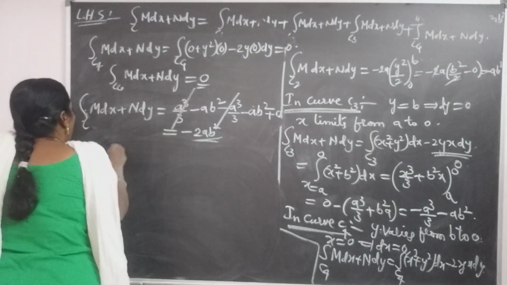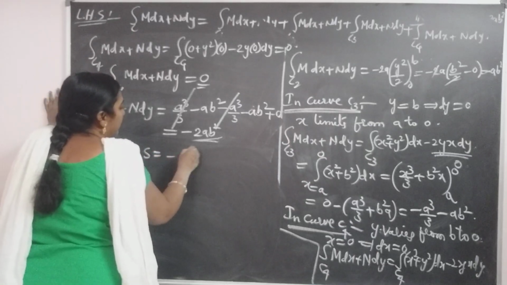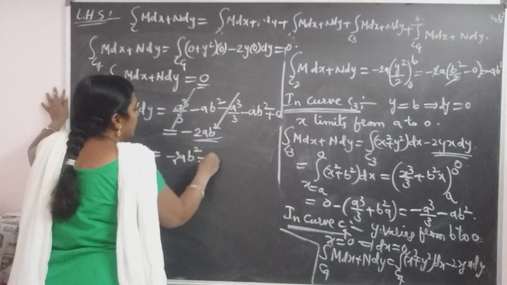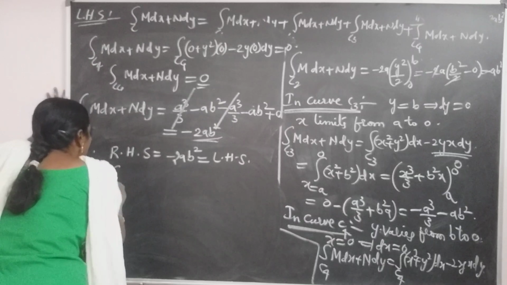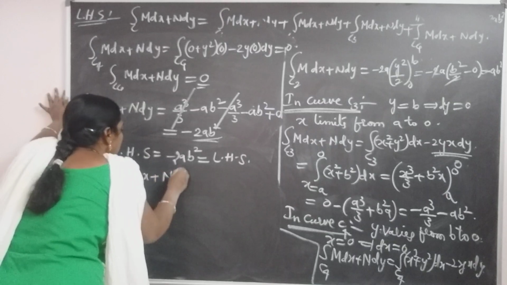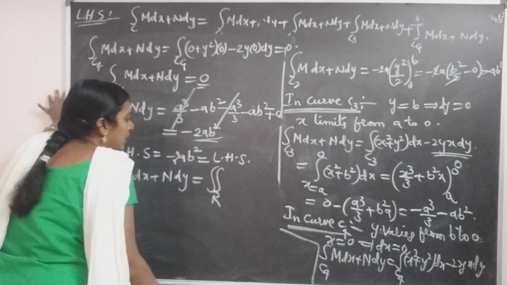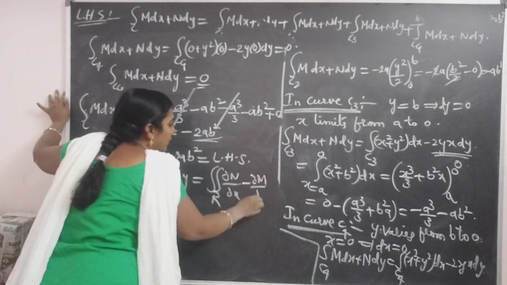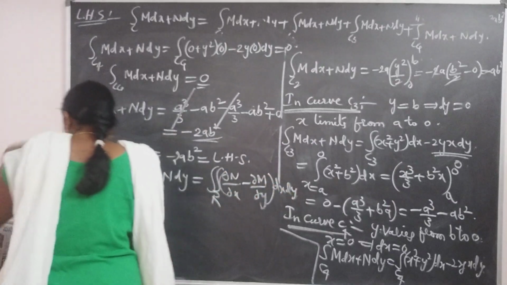Therefore, RHS, which is minus 2ab square, is equal to LHS. That is, the integral over C of m dx plus n dy is equal to the double integral over R of dou n by dou x minus dou m by dou y into dx dy.